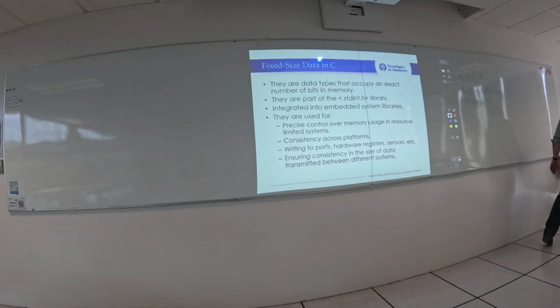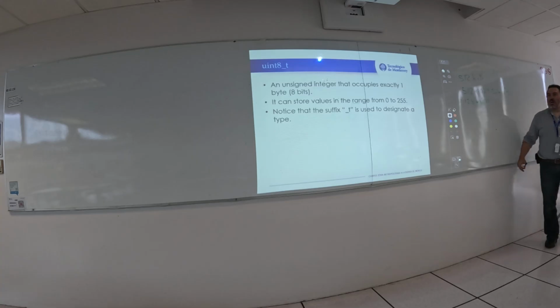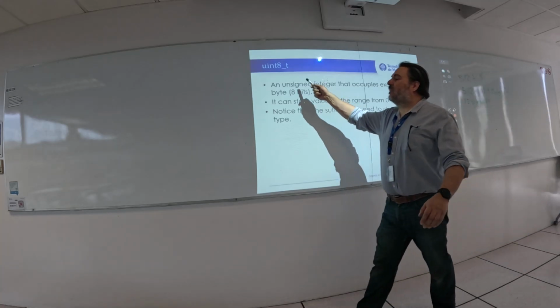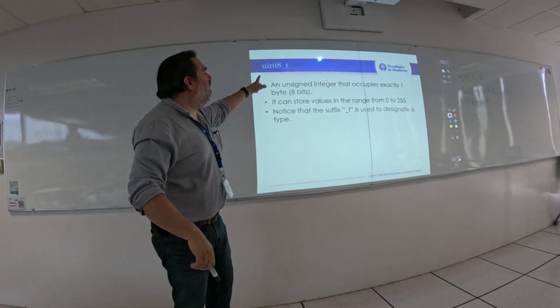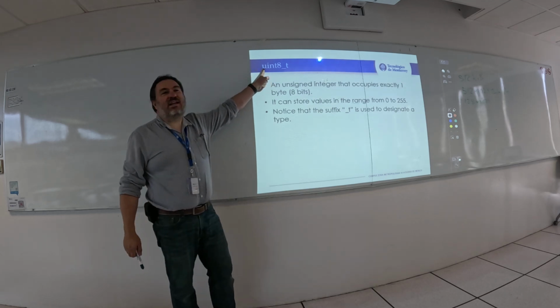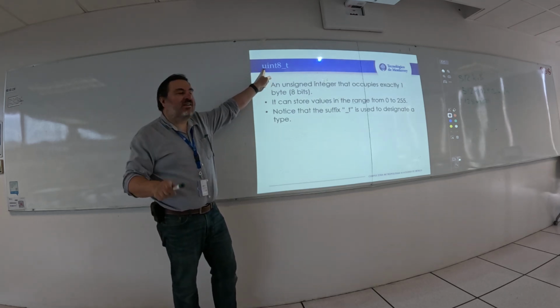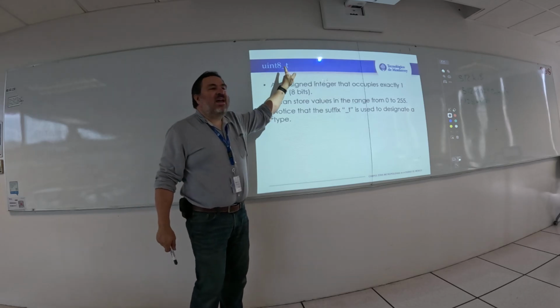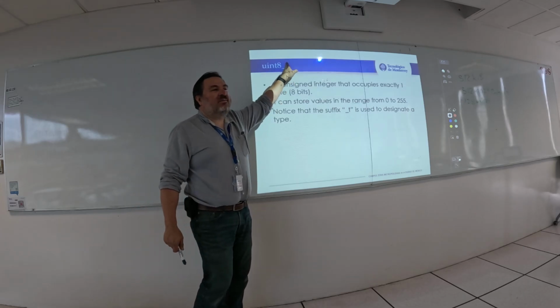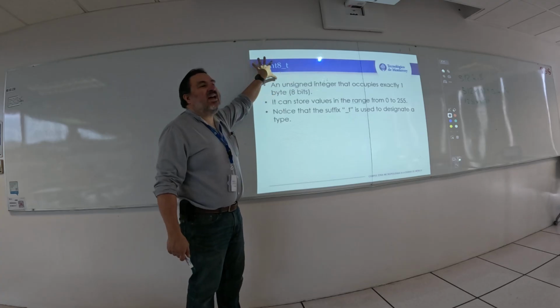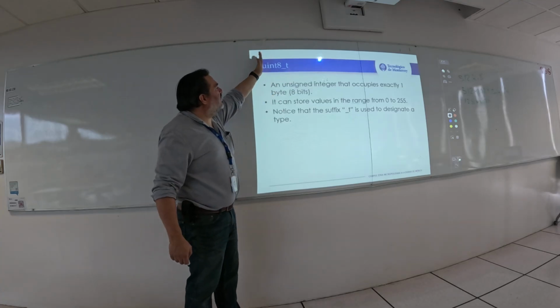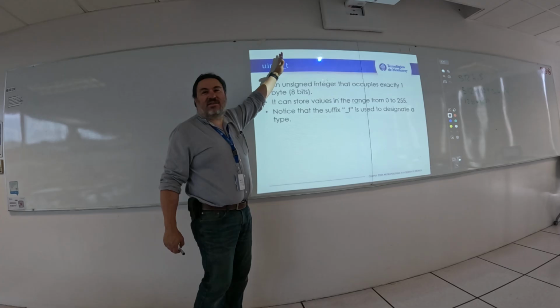How is that defined? It's defined with this type of variables. Instead of using a pure int, we can use an unsigned, that is, it has no sign, integer of 8 bits, and this is just a type. Okay? This tells us this is a type. So this is an unsigned integer with 8 bits.